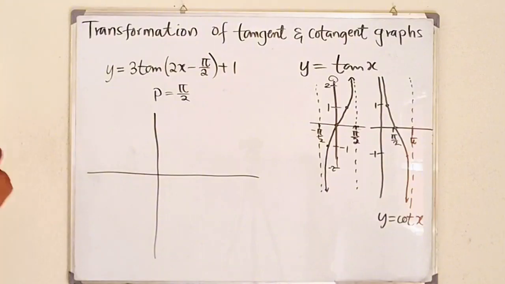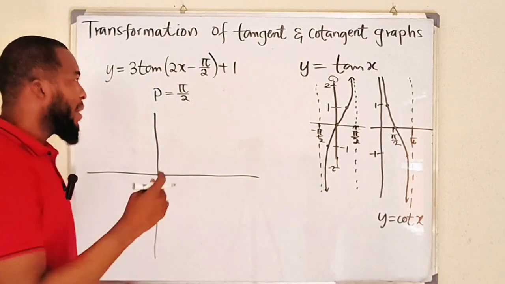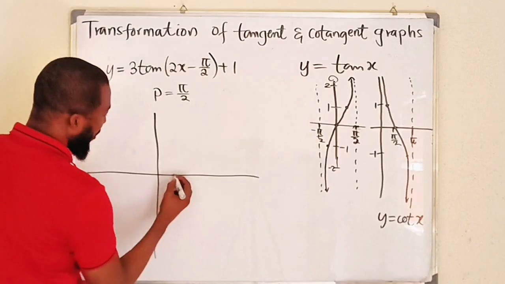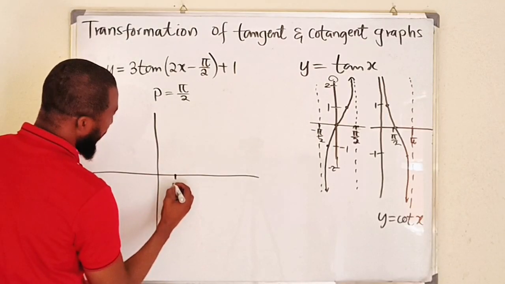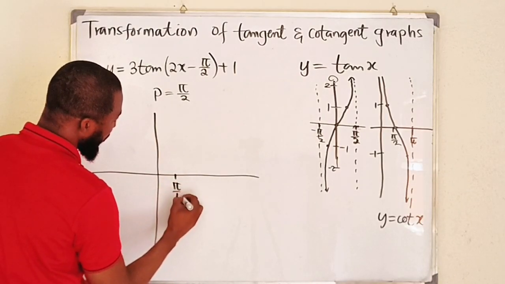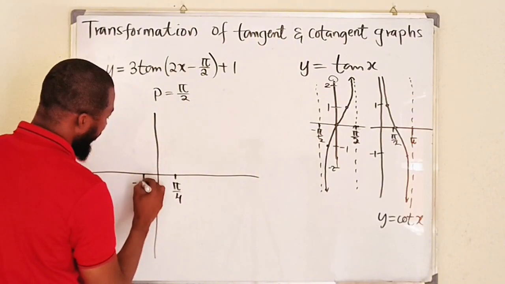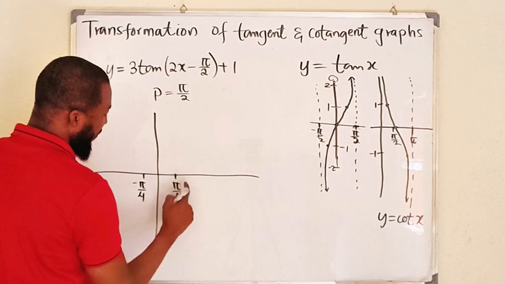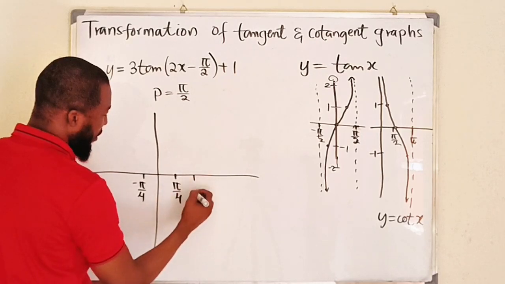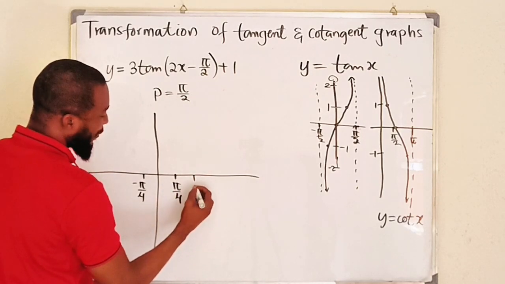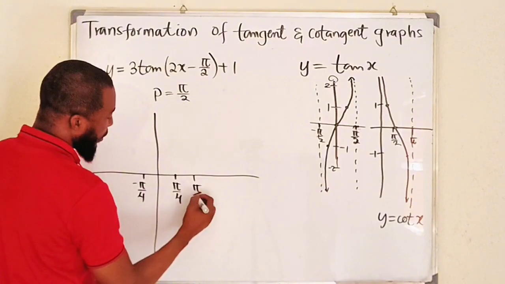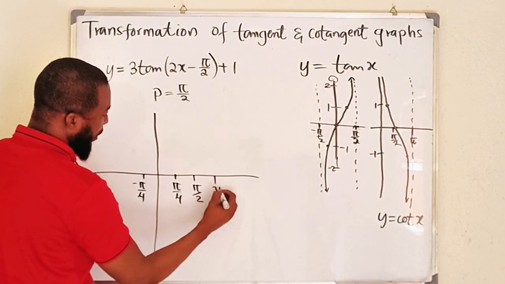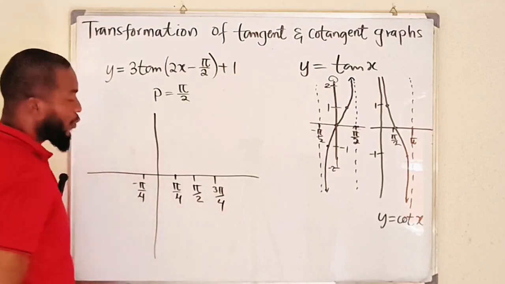So the period will be what? Pi over 2. I remember 1 is to the left, 1 is to the right. So we're going to have pi over 4, and negative pi over 4. Next one, if this is 1 pi over 4, the next one will be 2 pi over 4, or simply pi over 2. This is going to be 3 pi over 4, and so on.